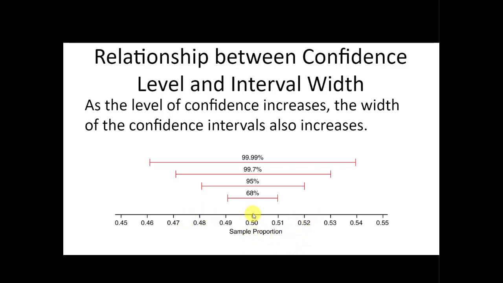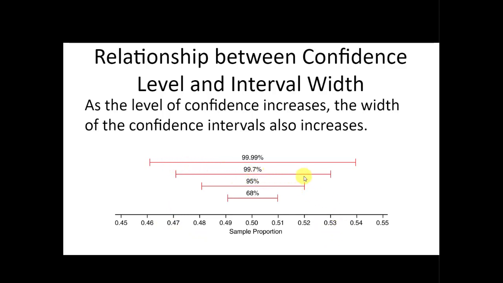We can go even wider, okay? More degree of certainty. We can have 99.7% certainty that although we believe the true population proportion is 50, we're 99.7% confident that the true population proportion is within 47% and 53%.